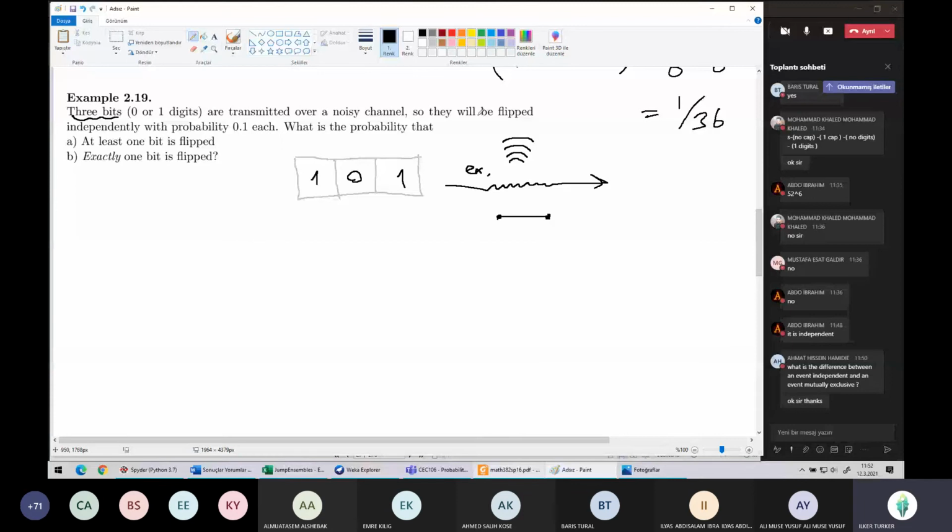So they will be flipped independently with probability 0.1 each. What does flipping mean? Flip means, for example, 0 to 1 or 1 to 0.